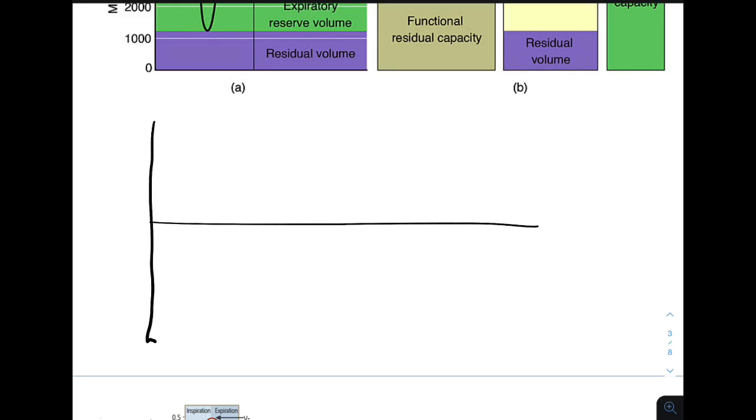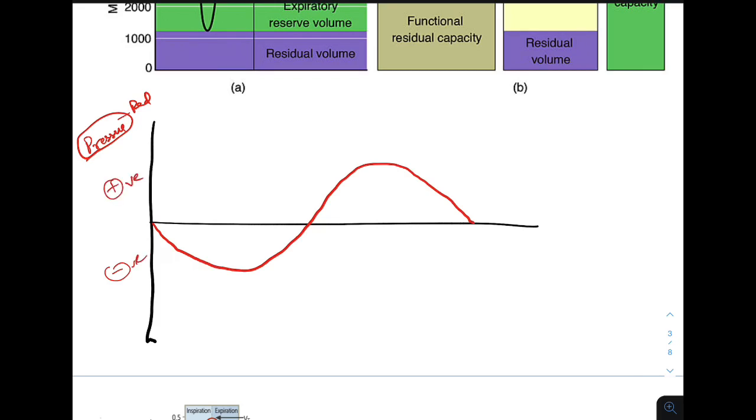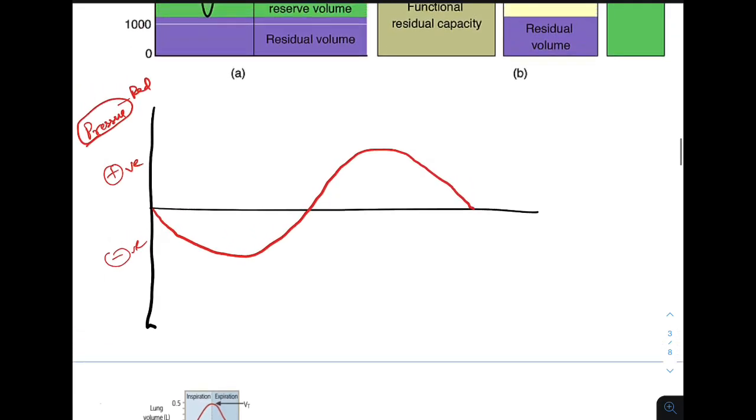So for pressure, let us take this red one as pressure. Initially at inspiration the pressure decreases, while in expiration the pressure increases, right? You are putting force into expiration. Yes, good. You are pulling the lungs, the negative pressure. This is positive, right? This is the pressure, and followed by that, the volume.